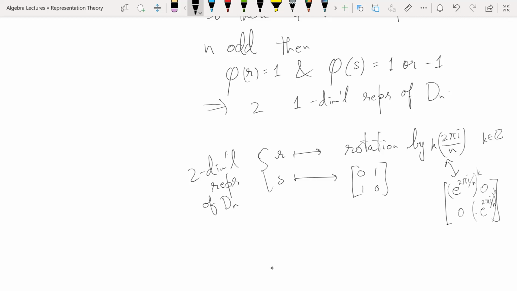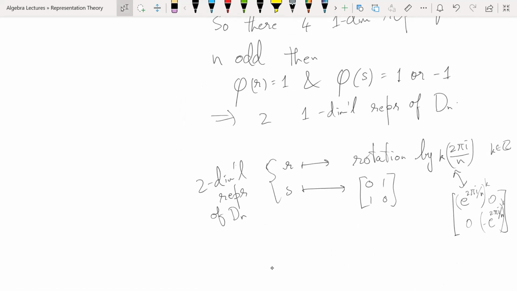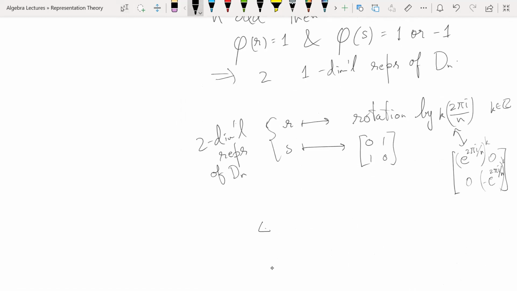So this will give you certain representations, and we'll discuss how many two-dimensional representations there are. These are all one-dimensional, but we can count how many two-dimensional representations there are going to be. In the even case, there are 4 one-dimensional representations, and say A two-dimensional representations.